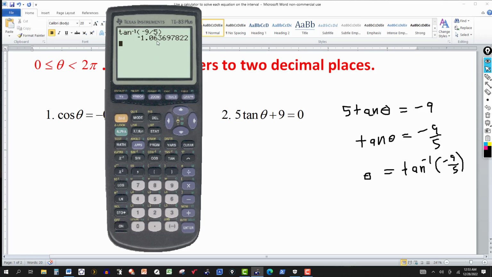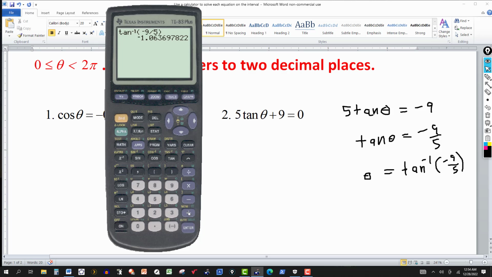That'll be in quadrant 4. But remember, we want angles in the interval from 0 to 2 pi, so we can't use a negative. But remember, the period of the tangent function is pi, so I'm just going to add pi to that. That should give me another solution. Remember, if you have one solution to an equation, you have an infinite number, because all you have to do is add the period multiple times.